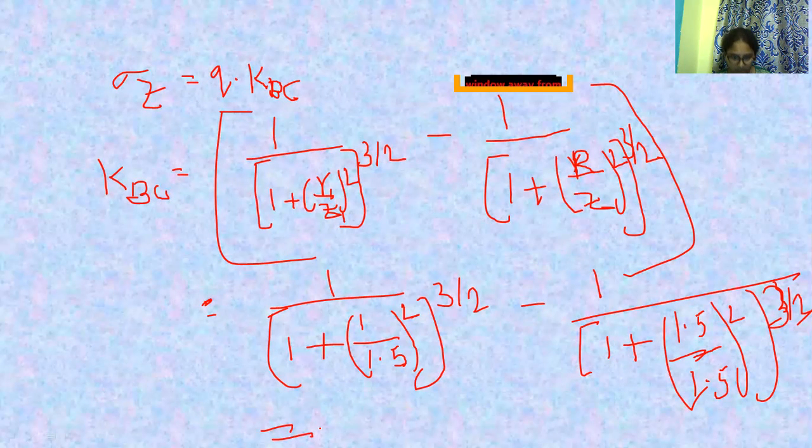So the value K_BC is equal to 0.5760 minus 0.3535.